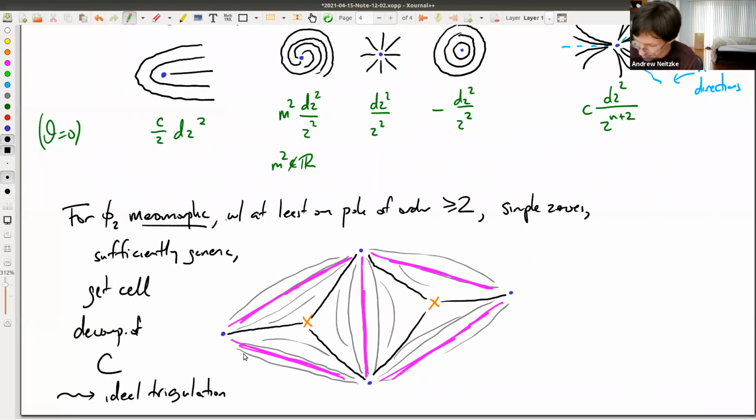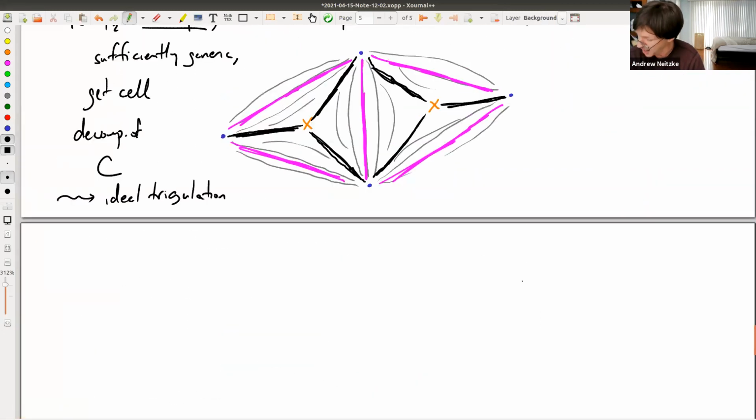Okay, so maybe the last thing is, let's give the... so in this picture you can see that knowing the ideal triangulation is more or less knowing these special leaves, the leaves that emanate from the zeros of the quadratic differential, the branch points.